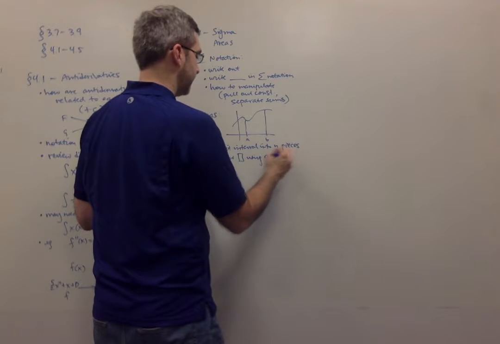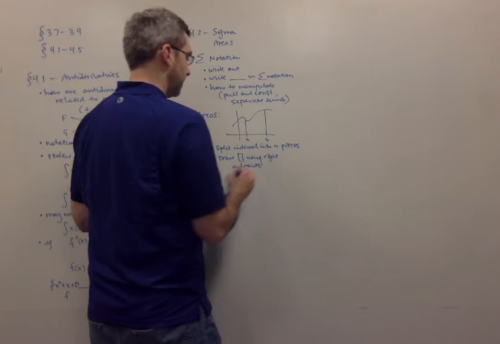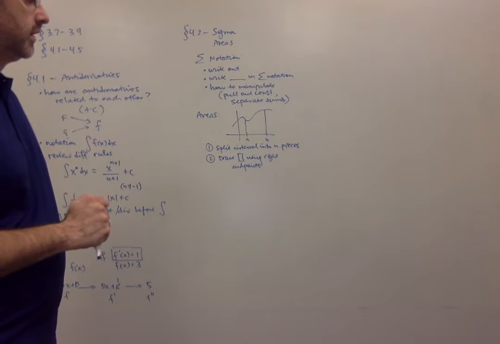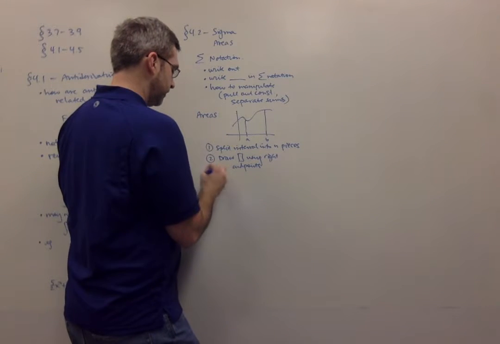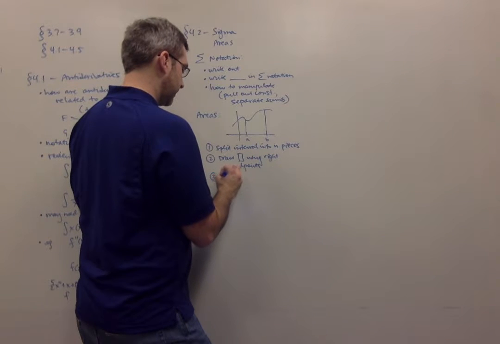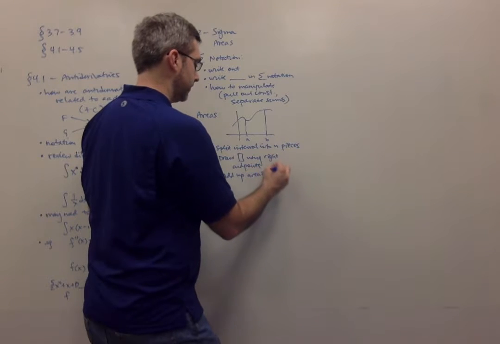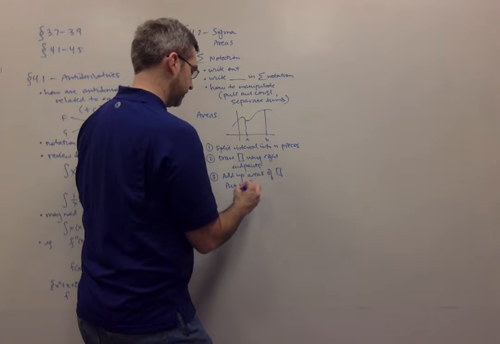Now you don't have to use right endpoints, but when we're doing this calculation, it usually works out easiest to use right endpoints. Then we add up the areas of the rectangles, and we put that in sigma notation and simplify.